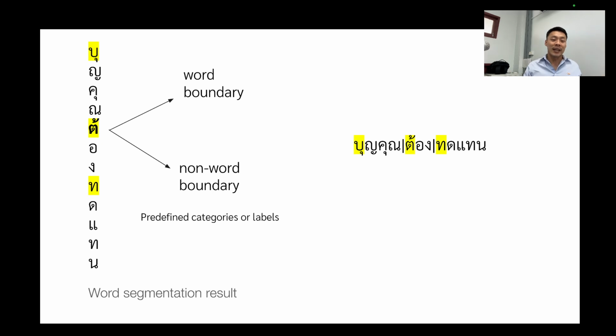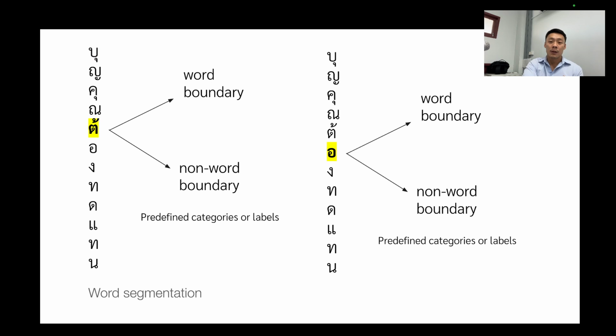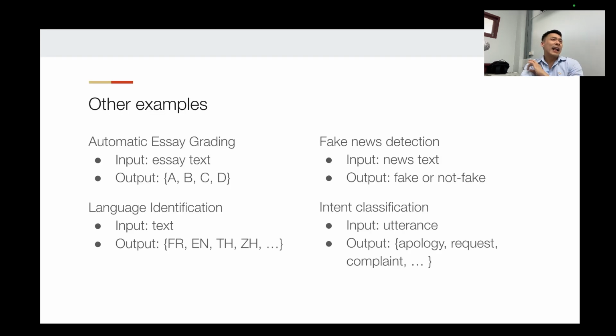We can train word segmentation today, but we won't. Okay? Yeah, so then we slide onto the next character, and then run the classifier on each character. So that means you can run a classifier on a character as well, not just a sentence, not just one tweet, not just one article. And classifiers, it's the same idea, can be used at many different places.